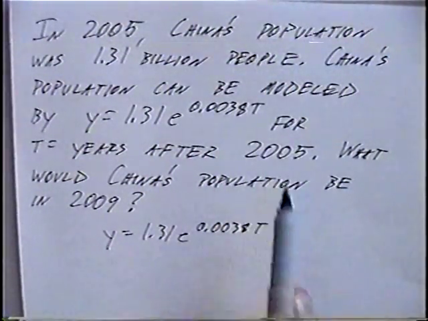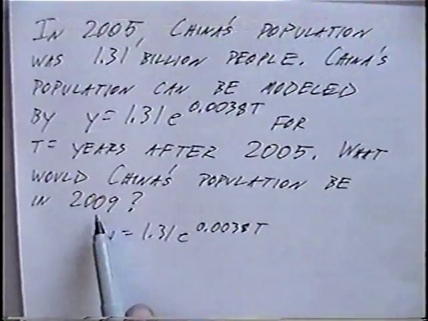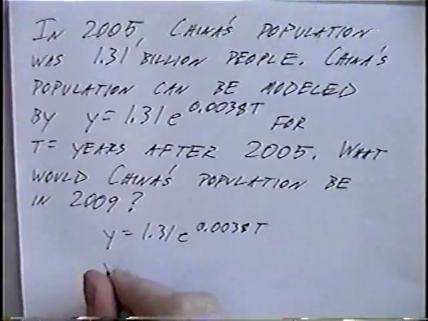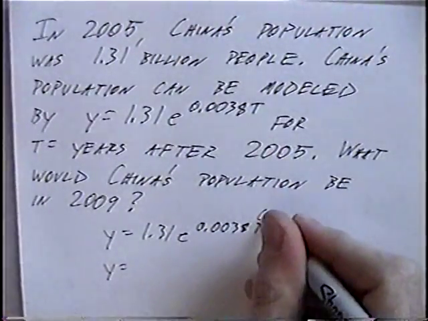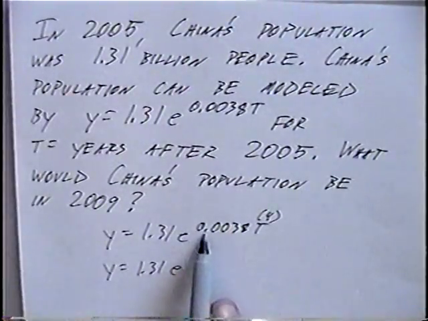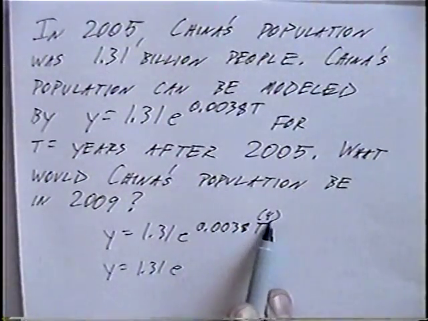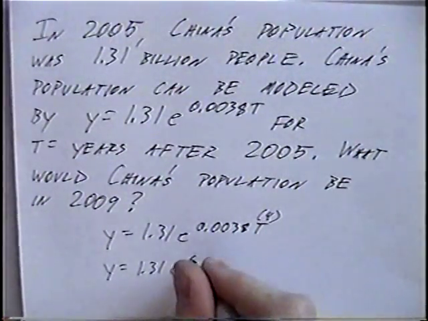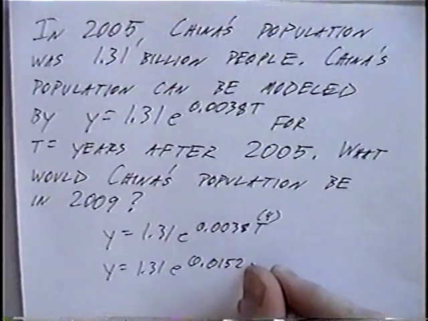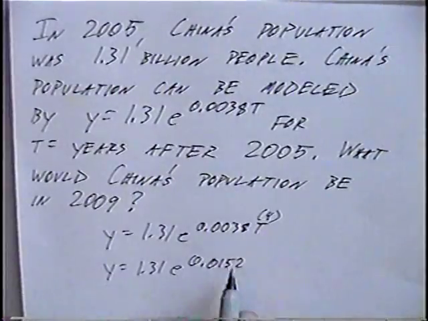T is the time after 2005, so 2009 would be 4 years later, so t would be equal to 4. Multiplying 0.0038 times 4, that would be 0.0152, and the t would be gone because we're plugging in a 4.